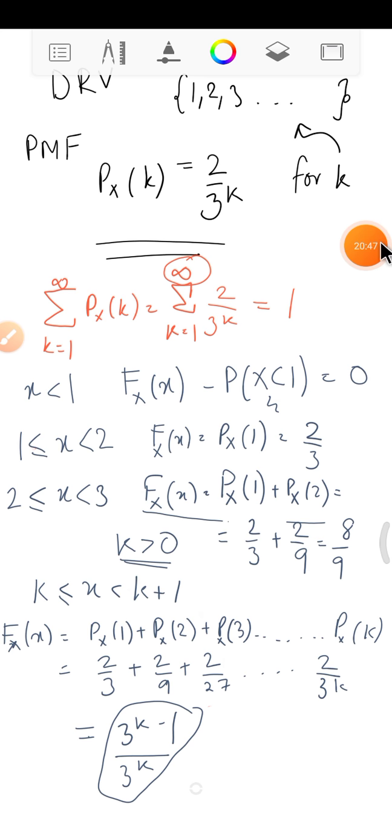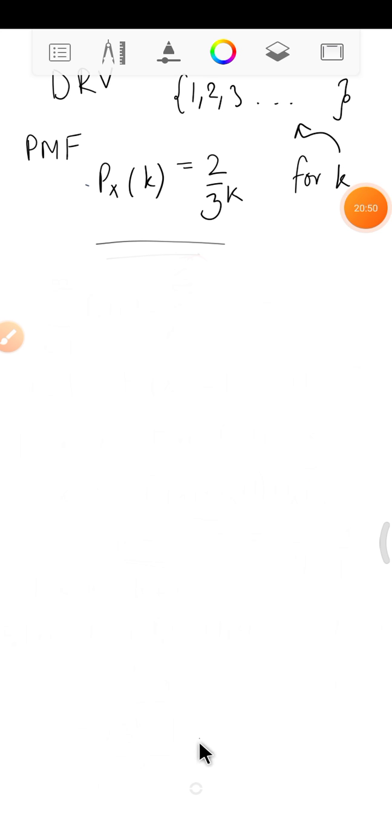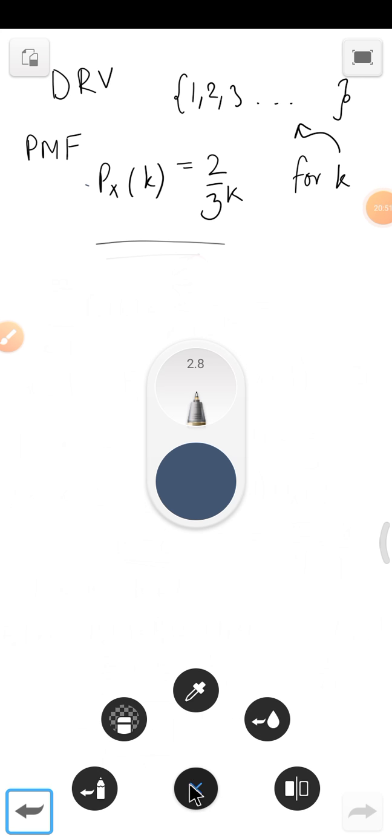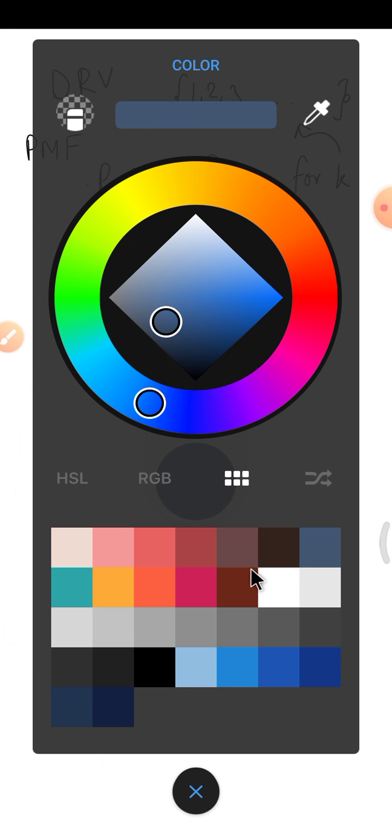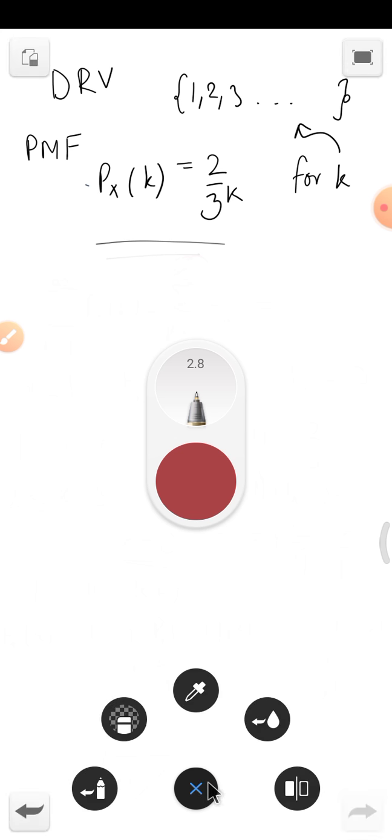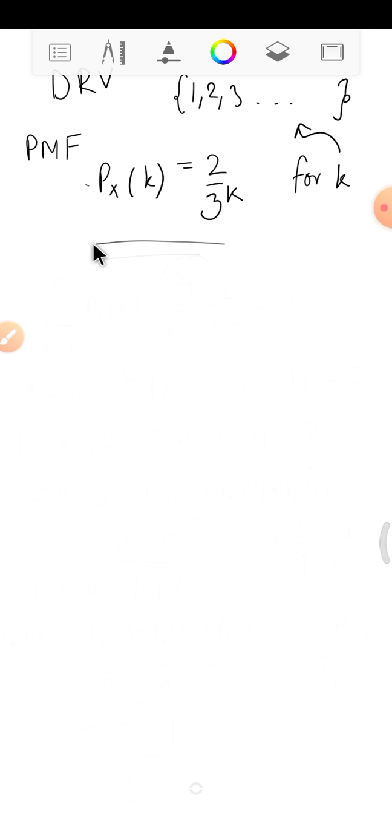Let me just clear this up. Our question is, we have to find the probability of getting x in the range 2 to 4.